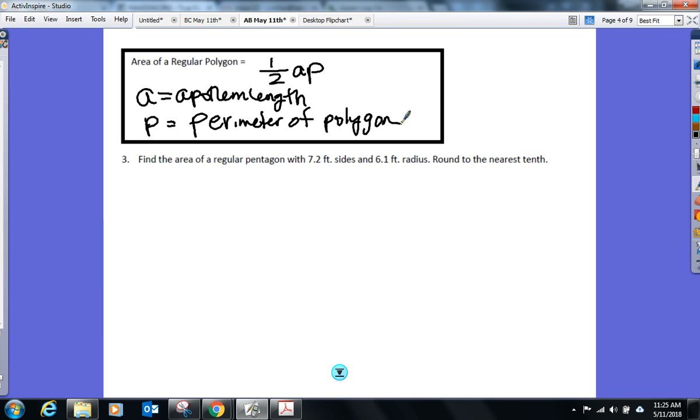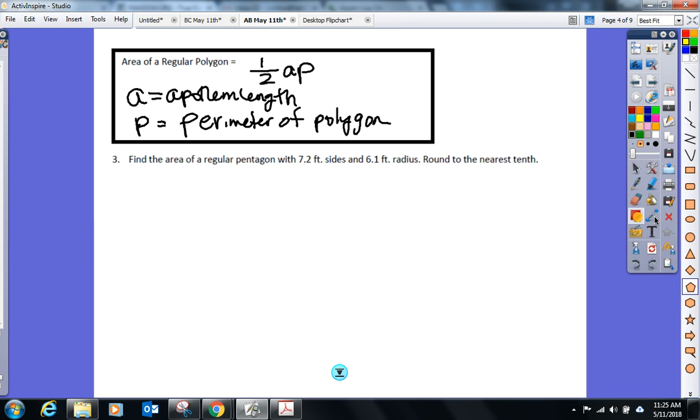All right, first one, regular pentagon. Do your best to your ability to sketch that. Regular pentagon. How many sides? 5 sides. Yep, 5 sides, regular pentagon.